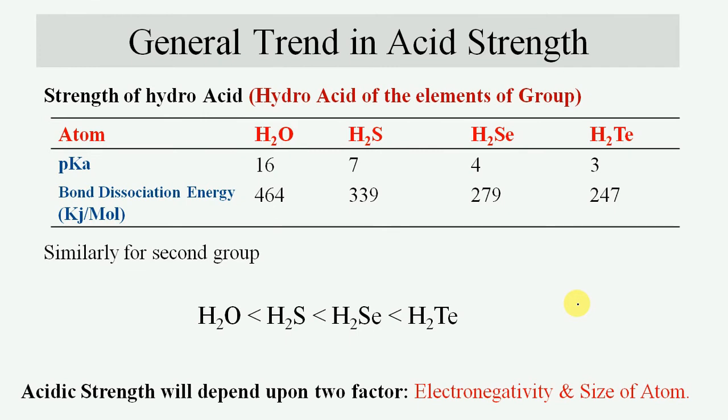The behavior of the hydroacids of group 6 is also similar. This is also controlled by the bond dissociation energy, as is clear from the table. The bond dissociation energy decreases as we move from top to bottom.